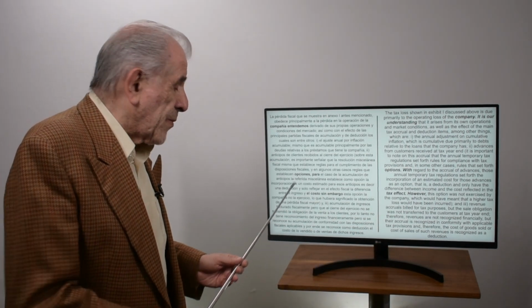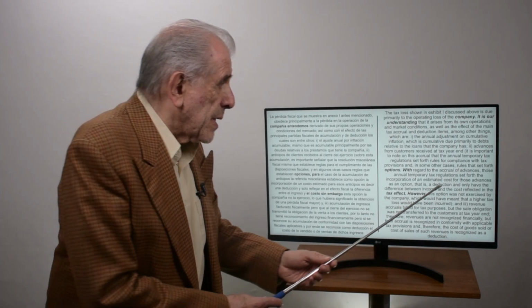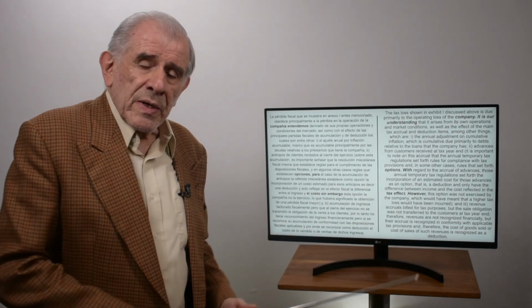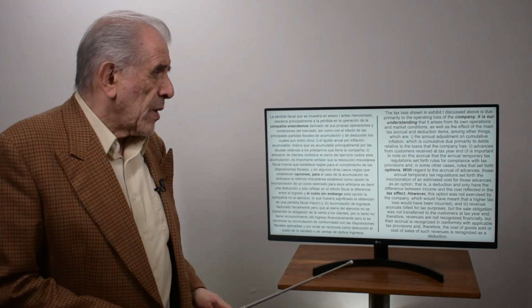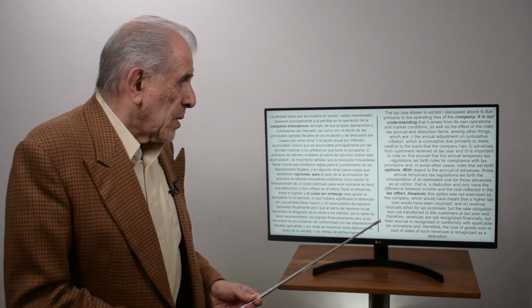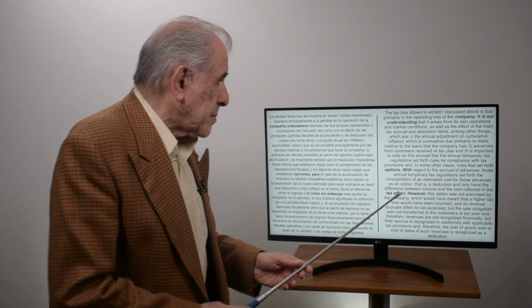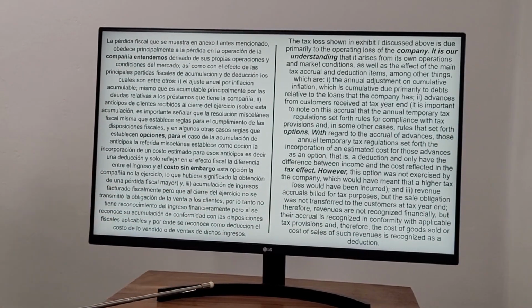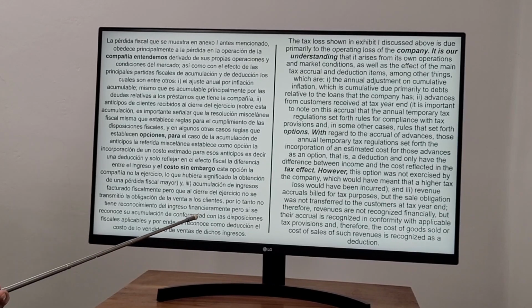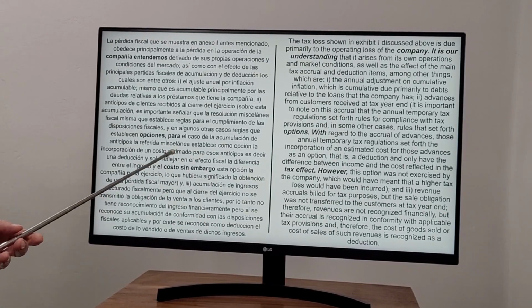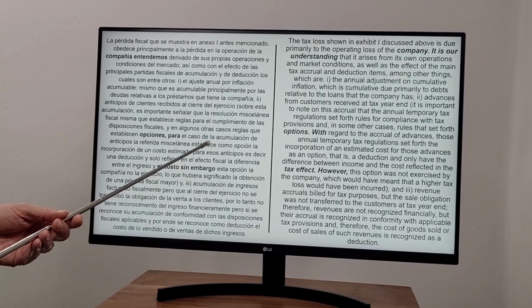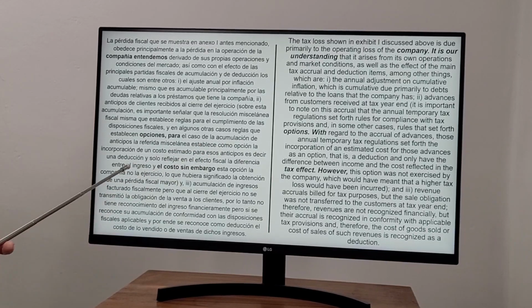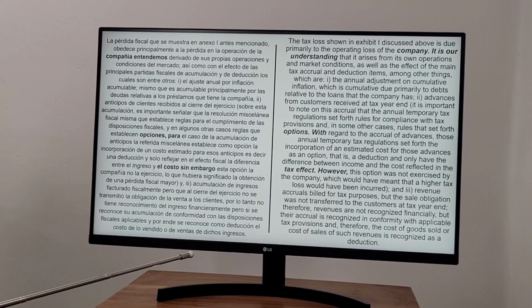Also notice that it says referida, and I translated that as those, giving us a sense of distance with what came before. So, with regard to the accrual of advances, those annual temporary tax regulations set forth, we have establece, and then it says como opción, la incorporación de, and all of this is going to be my direct object, all the way down to anticipos.